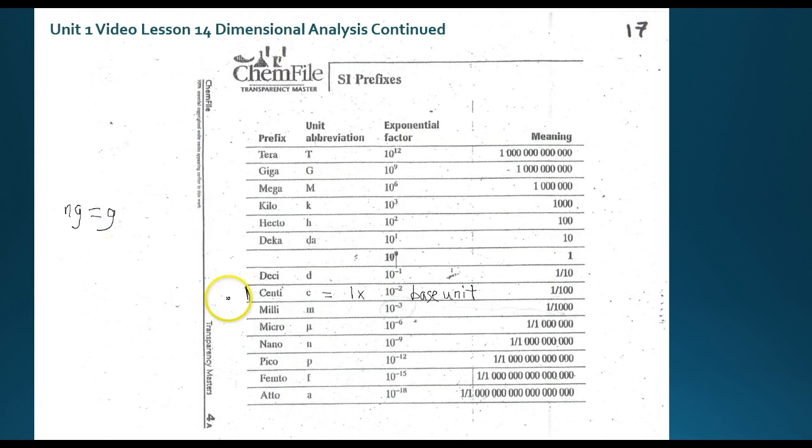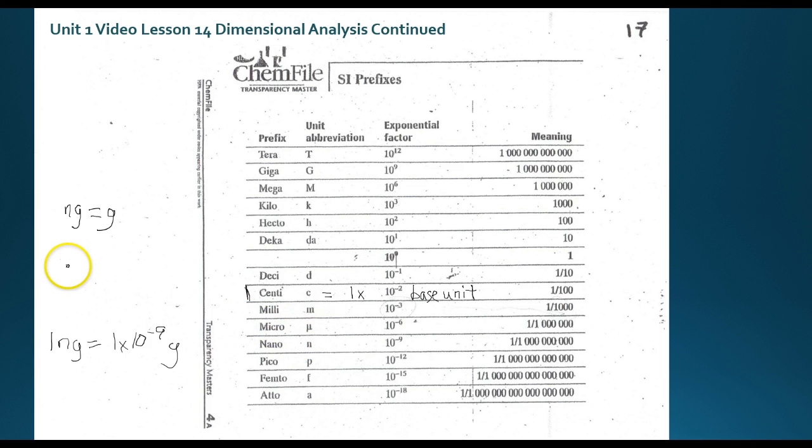So I come down here to the prefix nano, so I'm going to say 1 nanogram, and I'm reading straight across. 1 nanogram is equal to 1 times 10 to the minus 9th of a gram. So read straight across. 1 always comes in front of your prefix unit. 1 times 10 to the nth power of the base unit.